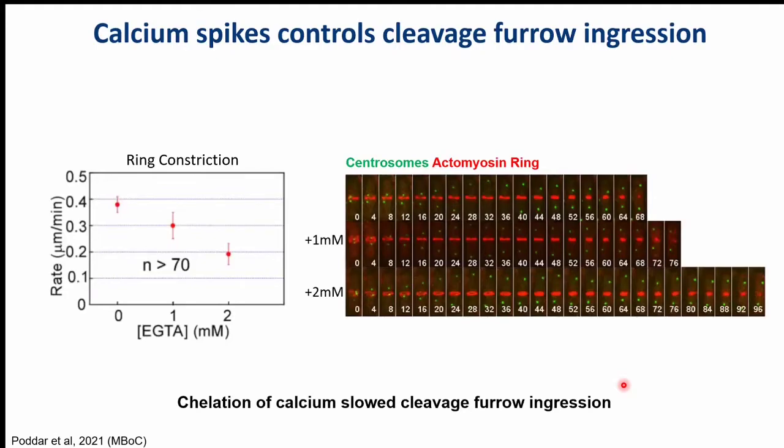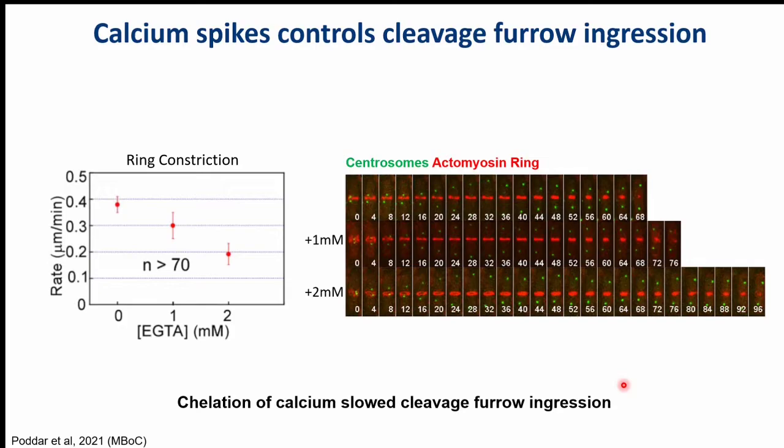So we wanted to check what is the fundamental importance of this calcium spike during cytokinesis. Does it play any role? Does it have any molecular importance? So we treated the cells with EGTA and monitored the ring constriction progression.